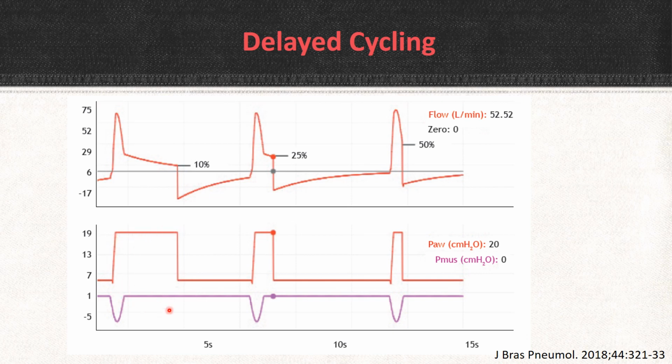So, there will be asynchrony and discomfort. Here the threshold is set low. If we set the threshold a little higher, 25%, it is a little better than previous, and if we set 50, then it is almost close to the patient effort. So, in this way we can manage this delayed cycling. This is in pressure support mode. If it is in pressure control mode, then we can directly reduce the inspiratory time.